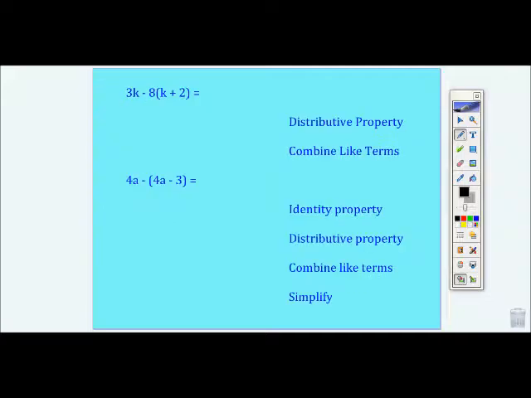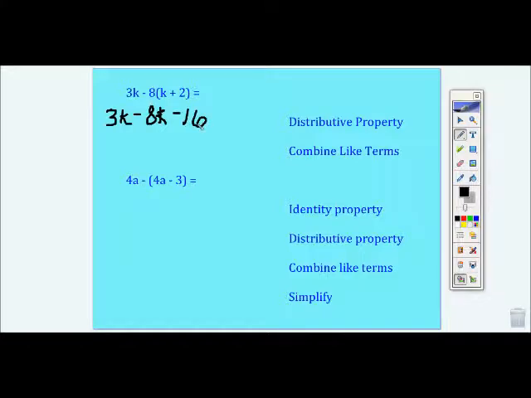All right, moving along. Another one with a distributive. The 3k, there's no operation being done with that yet. However, I have to distribute the negative 8. So I'm going to do a negative 8k, and negative 8 times a positive 2 would give me a negative 16.